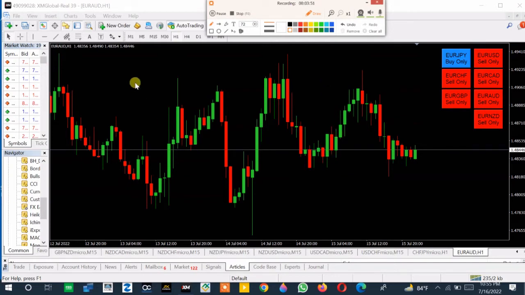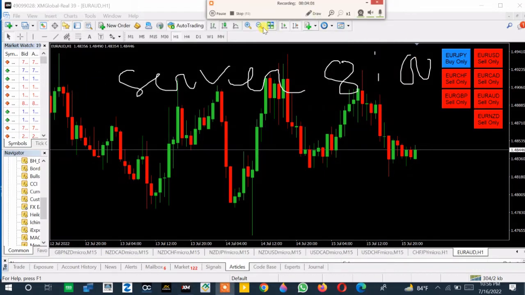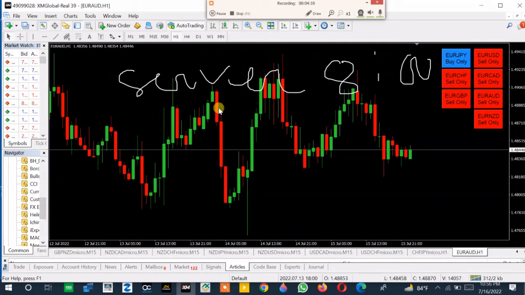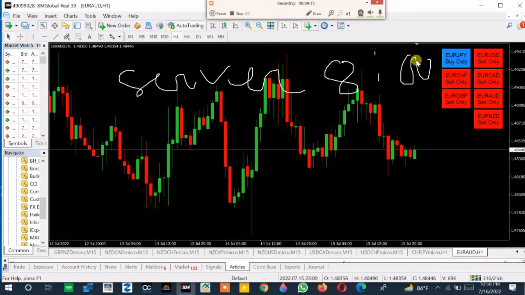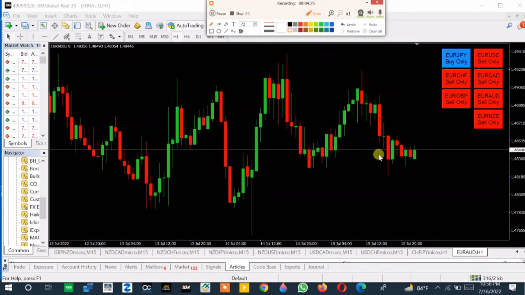Every morning at server time 8 o'clock, this is the server time, we need to log in to the MT4 or MT5 platform, only at 8 AM. Only at this time I will open the MT4 platform.